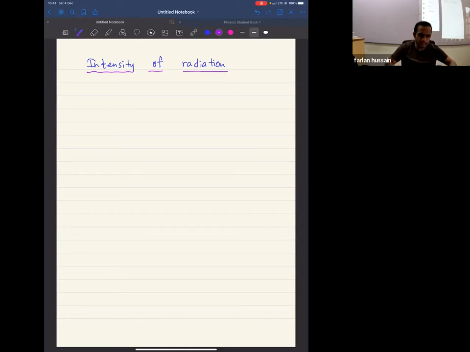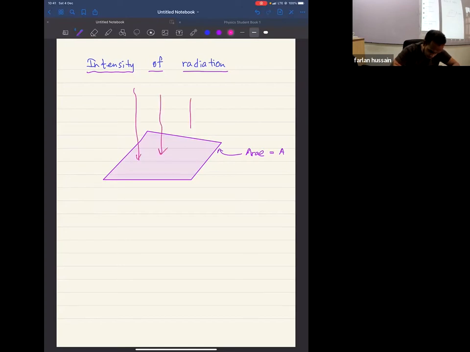Intensity means how much power is falling on a unit area. Let's say some waves, some radiation, are falling on a surface with an area of A, passing through it, and let's say it has a power P. Then what is meant by intensity?